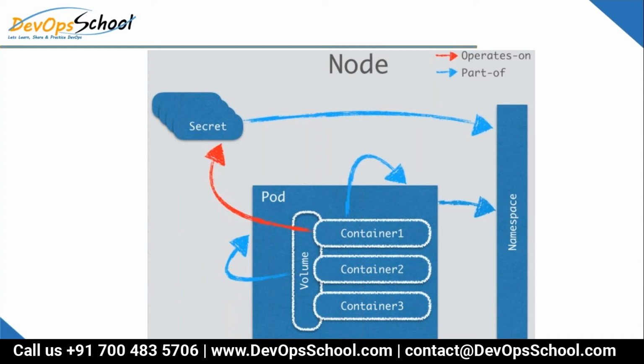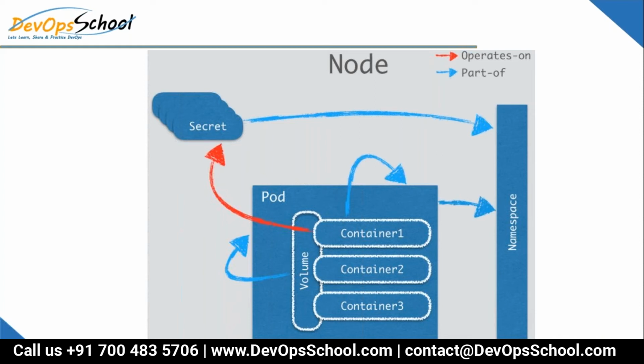I'll explain it to you. So now understand that, guys. There are two arrows, operates on and part of.